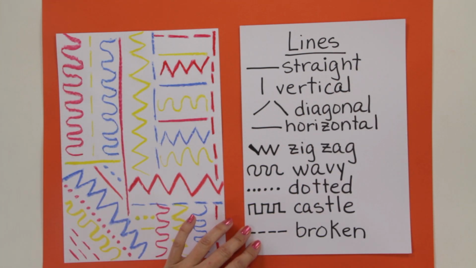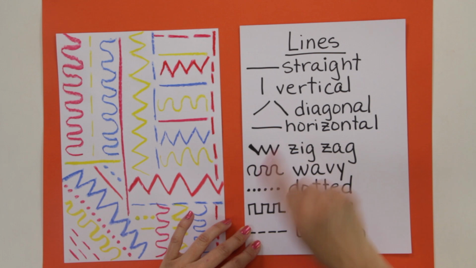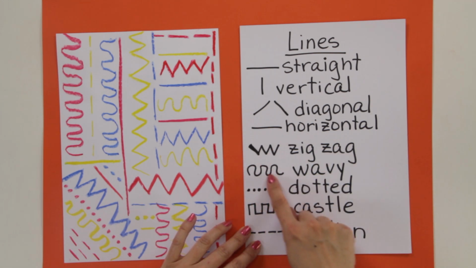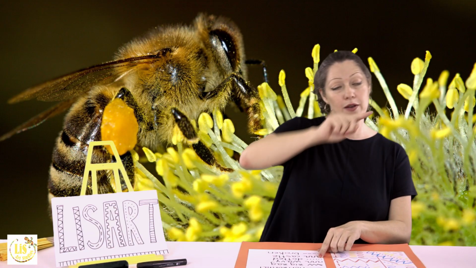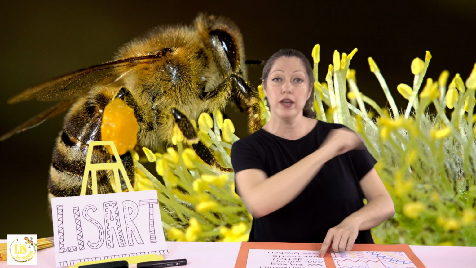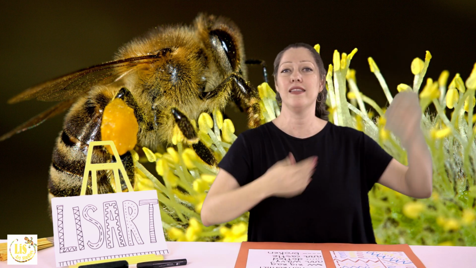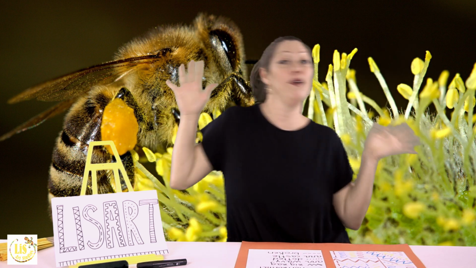Lines can also be zigzag, and they could be wavy like the waves in the ocean. Lines can also be dotted, because if you place lots of dots and make them go around on a drawing, it will be like the path a bumblebee is following.